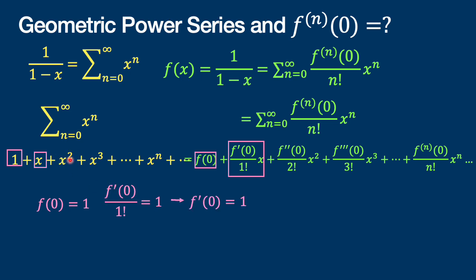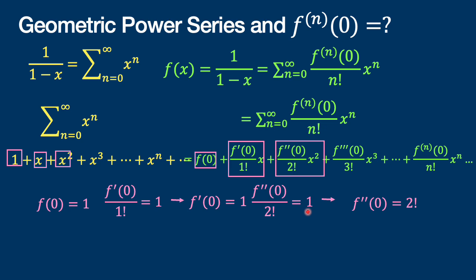For x squared, the coefficient on the left is 1, and on the right it is the second derivative at 0 over 2 factorial. So the second derivative at 0 over 2 factorial is 1, which means the second derivative at 0 is 2 factorial.